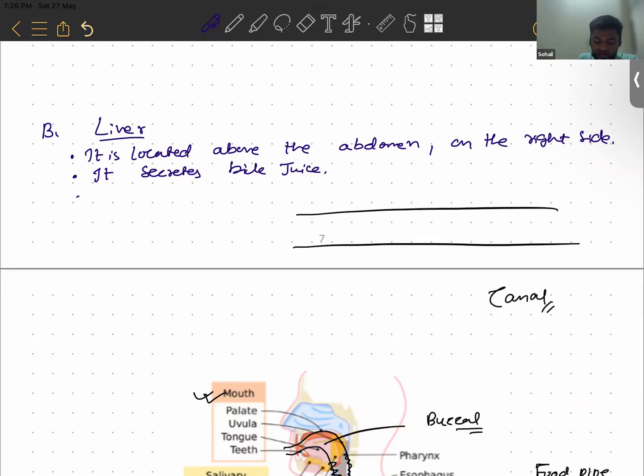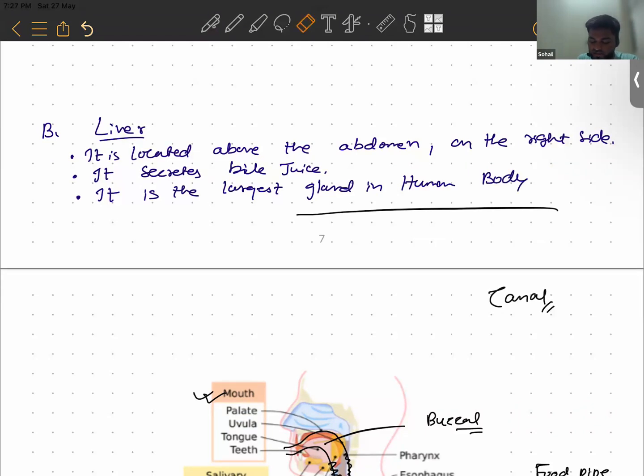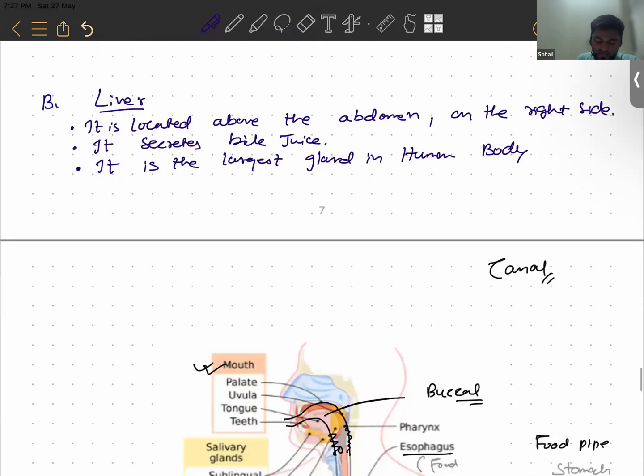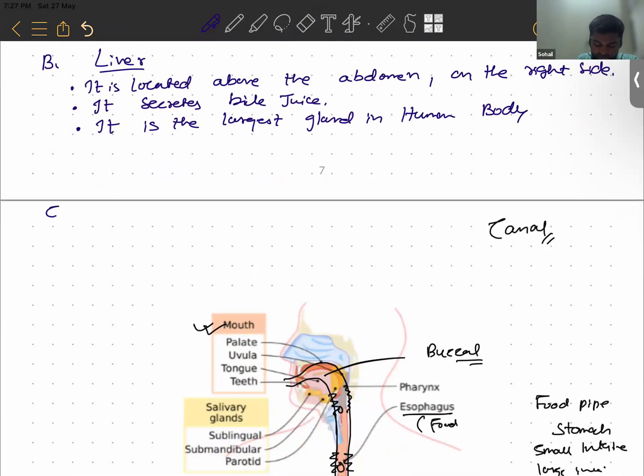And it is the largest gland in the human body. Now, which is the third gland we were discussing? Pancreas.